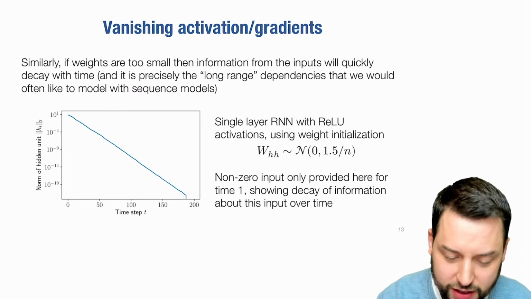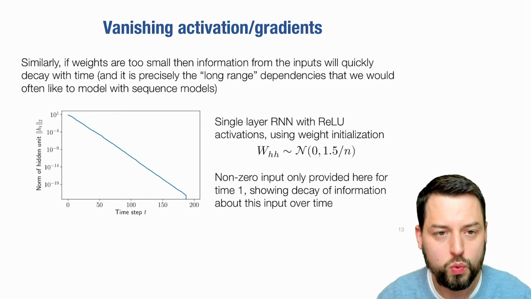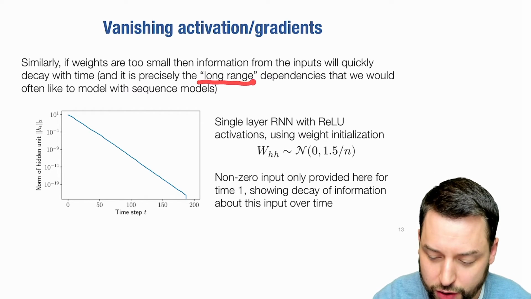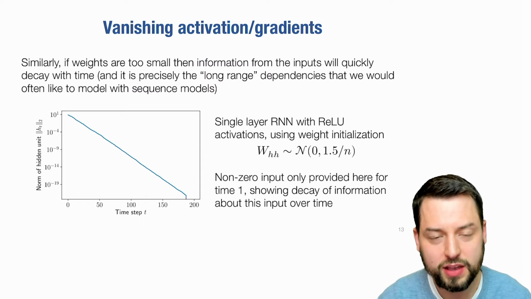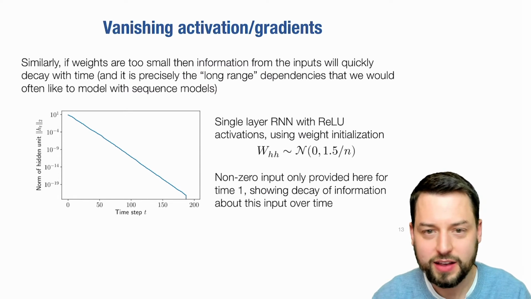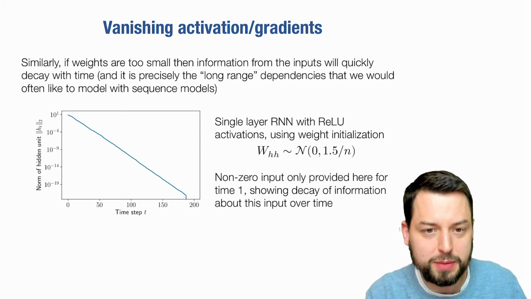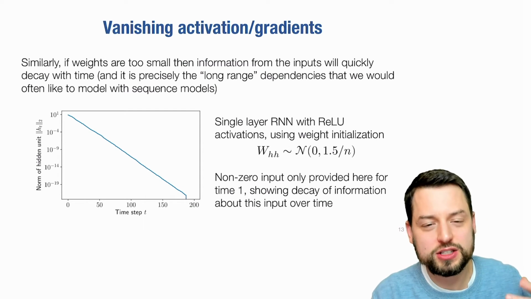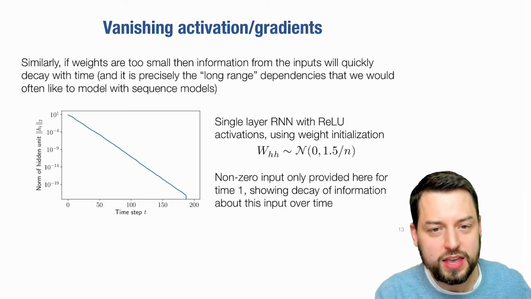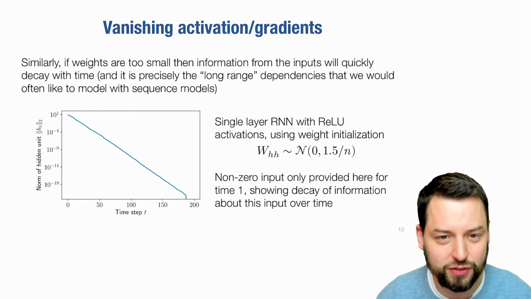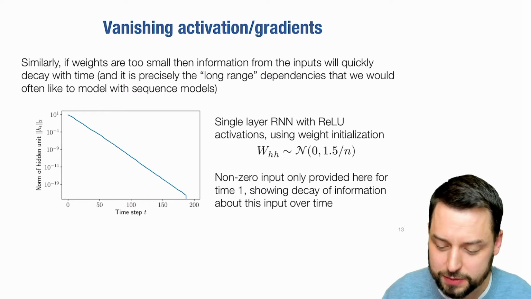In an RNN, we want to maintain what we're calling long-range dependencies. We want it to be the case that at some later point in time, we can still look back to point x1 in order to make our predictions at that later time. Otherwise, we've lost the whole point of RNNs in some sense.